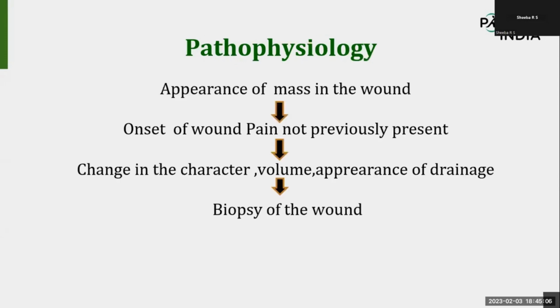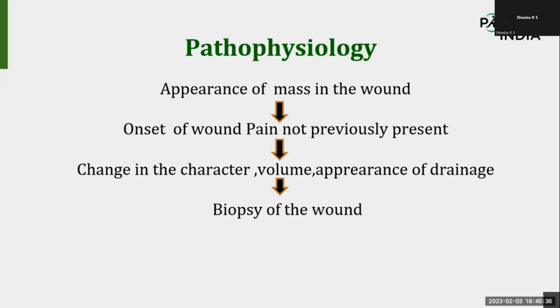The pathophysiology is a little bit different. Here, a mass appears in the wound, which is usually not present. We might think it is granulation tissue on the wound, but at the same time the patient will experience pain in that area, which was not previously present, and also a change in the character, volume, and appearance of drainage from the wound.